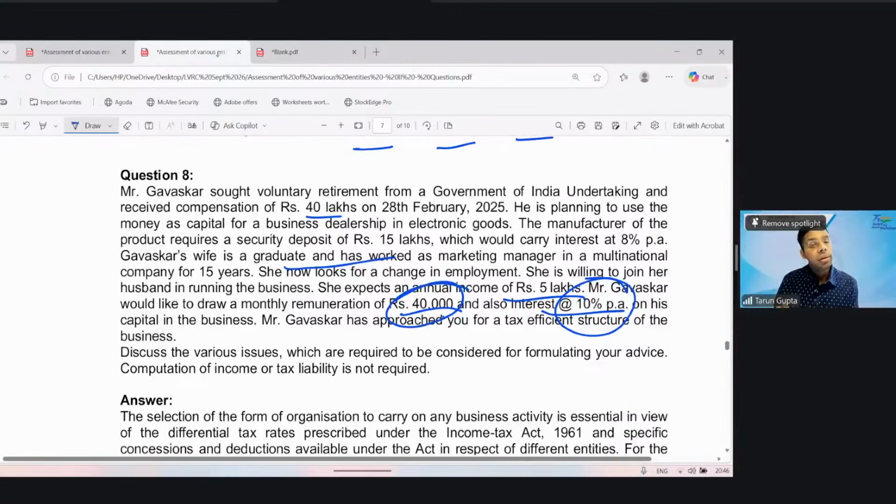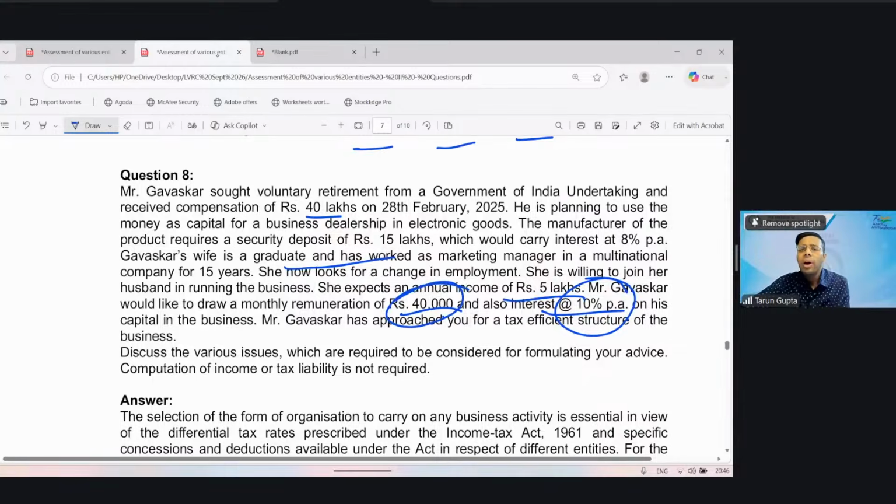But if he starts as a partnership, then the remuneration or the interest payable to him shall be allowed subject to 40B. The remuneration received by his wife may be clubbed in his hand, but clubbing shall apply only if the wife does not have professional knowledge or experience.